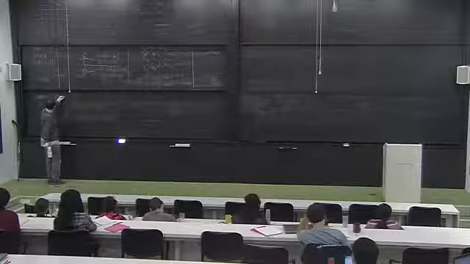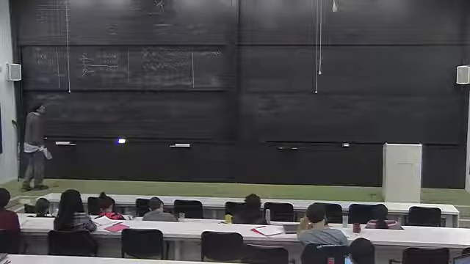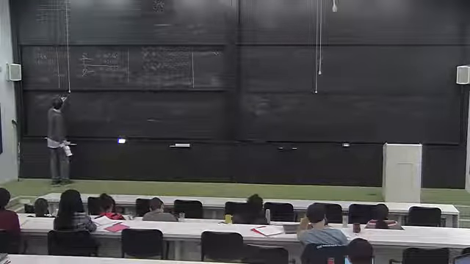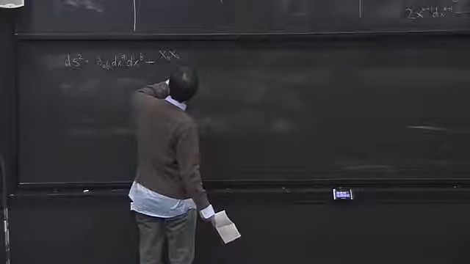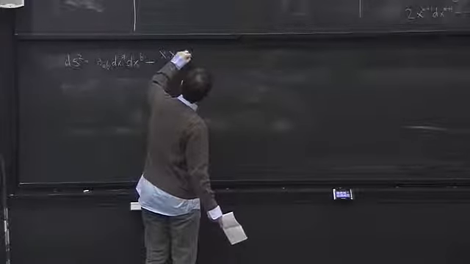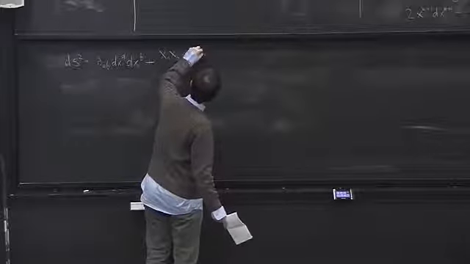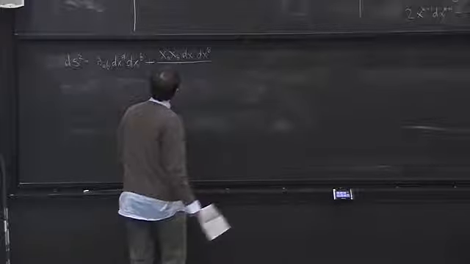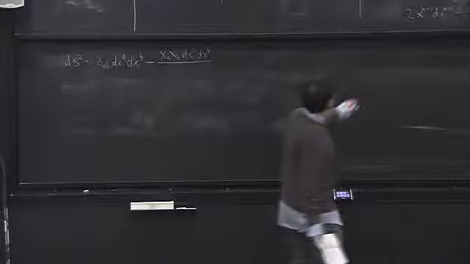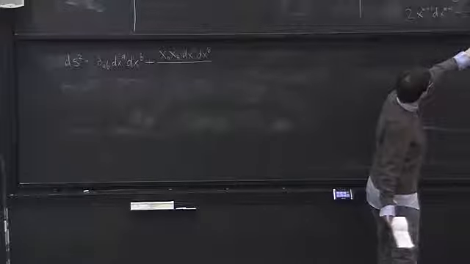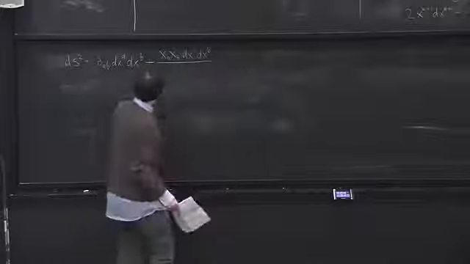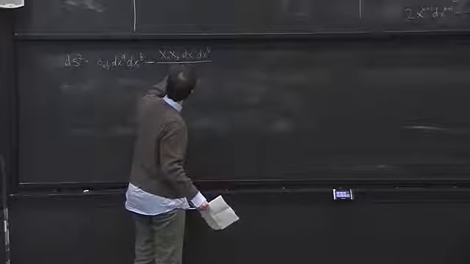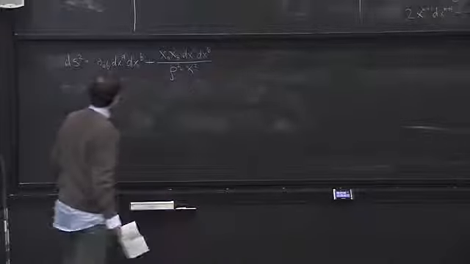And then the last term becomes xa xb dxa dxb over xn+1 squared, which is rho squared minus x squared.